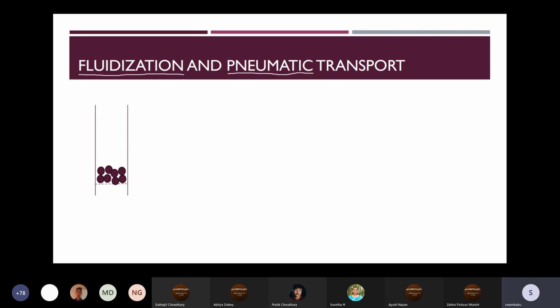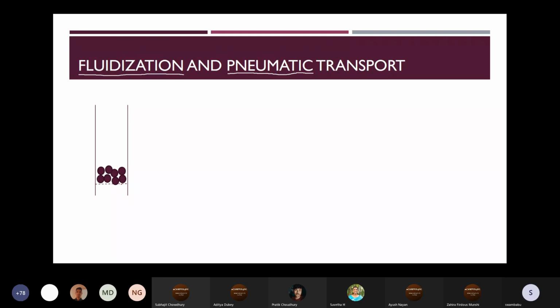So let's say there is a cylindrical pipe and we have a supporting or distributor plate. I explained in the last class how a typical distributor plate looks.